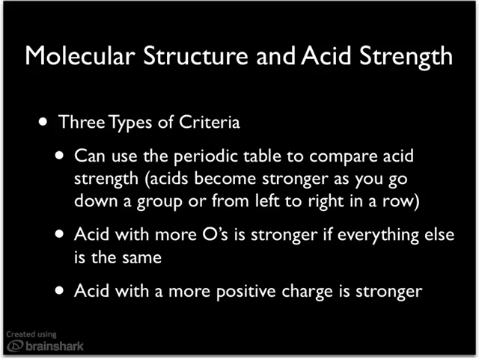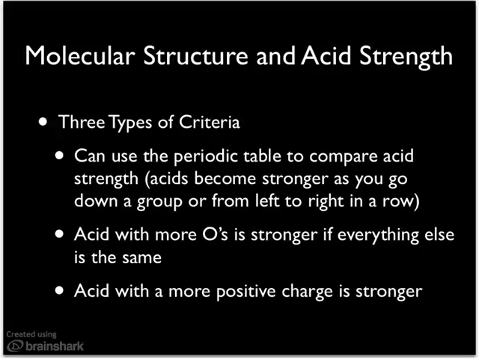Now there are other ways of figuring out acid strength, and this is by looking at the molecular structure itself of the compounds that you're given. There are three types of criteria that you can follow to figure this out. One of them is looking at the periodic table and comparing the acid strengths, where the stronger acids will be the ones that are lower in the group, and also the ones to the right on the periodic table.